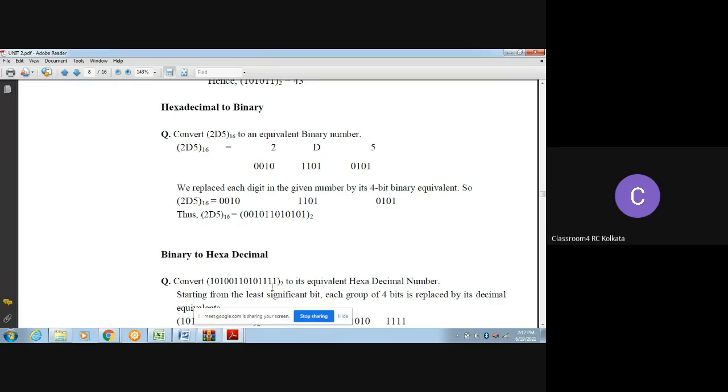So first of all you group it: 1 1 1 1, that is 4 ones in one group, and then the next group 1 0 1 0, another group, then 1 0 0 1, this is another group, and the last group contains only 2 digits, not 4 digits.